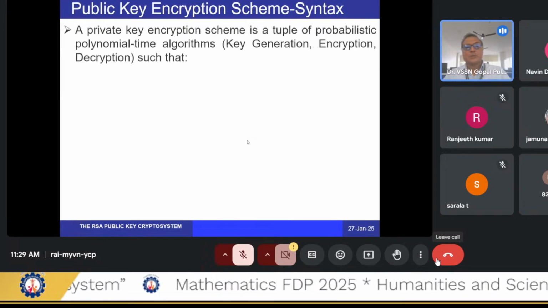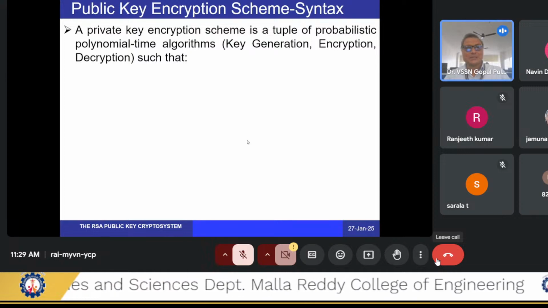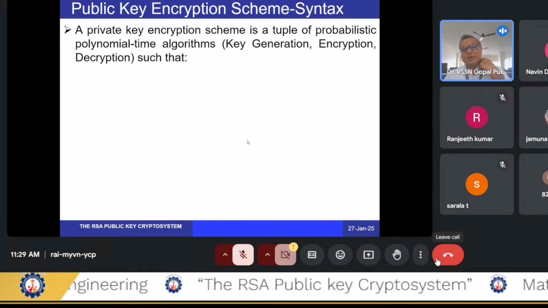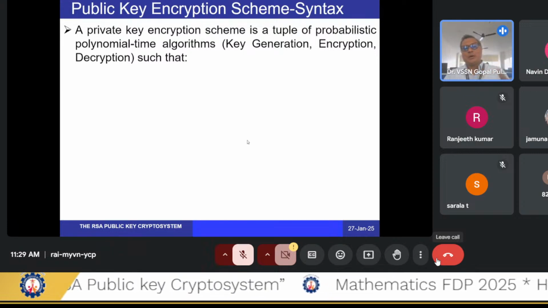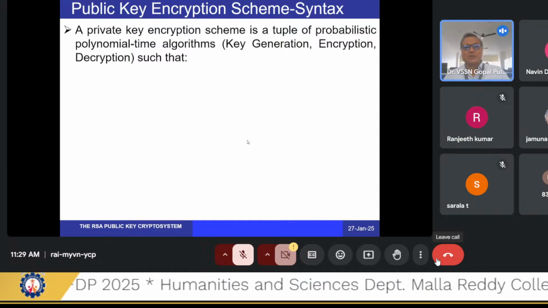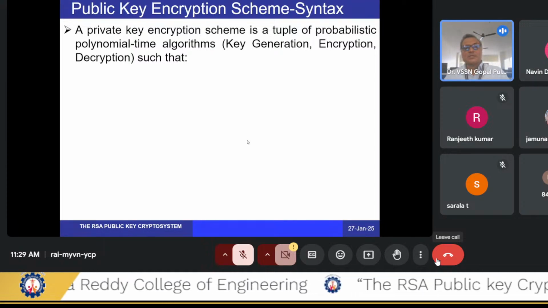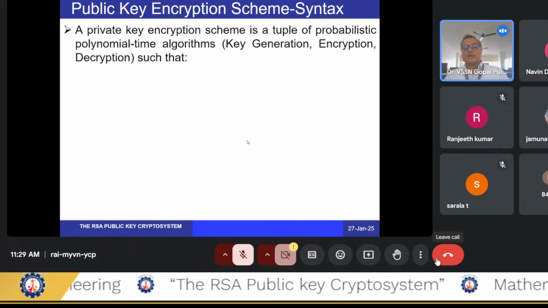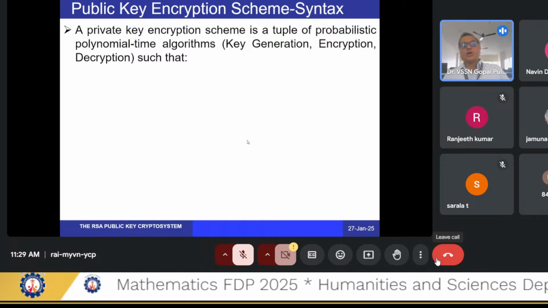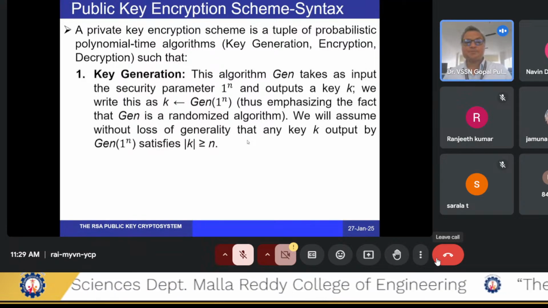This particular slide is about the syntax: how we can have the scheme for a public key encryption. Usually such a public key encryption scheme consists of three probabilistic polynomial time algorithms, which we call key generation, encryption, and decryption.